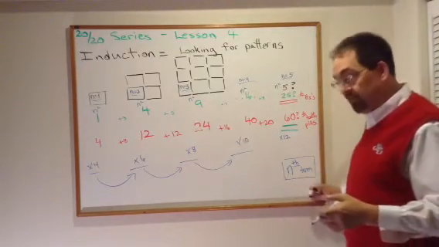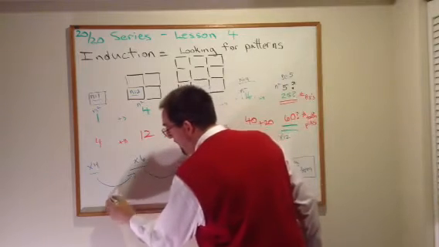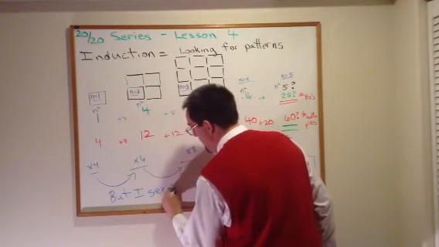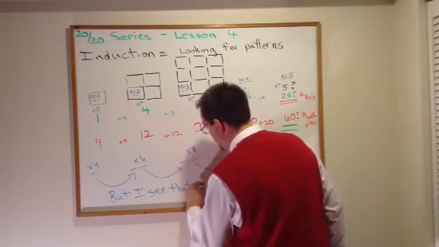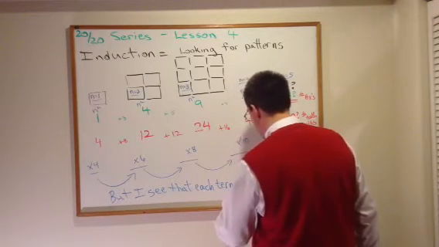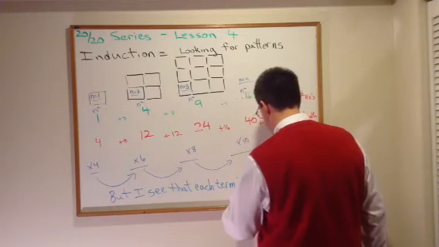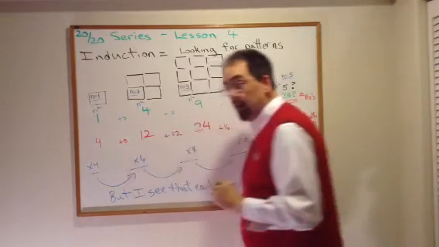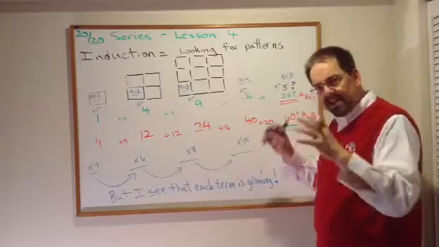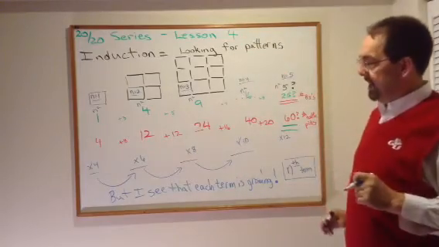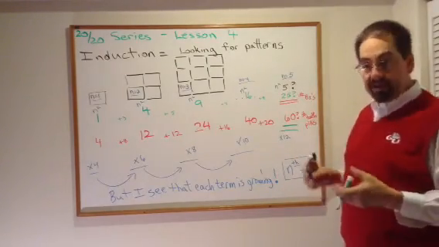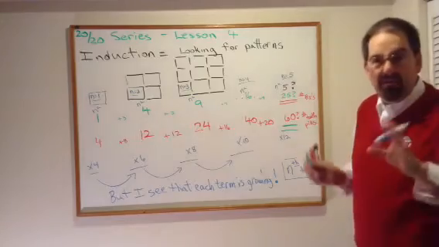I don't know the actual formula, but I see that each term is growing. Remember, on the geometry EOC, just like the algebra EOC, when you run into an essay type question that makes you do this thinking, show your work, build as you go, and then go on to another problem, because it's almost impossible to do every one.